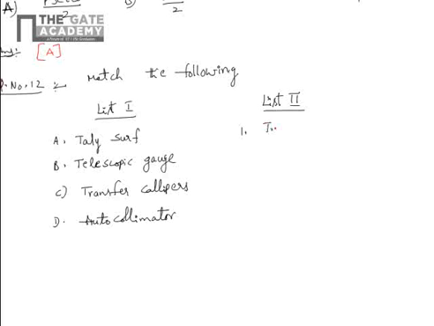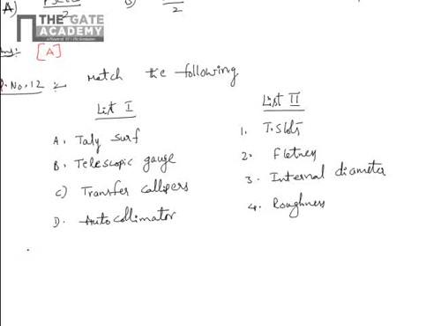List 2: 1, T slot, 2, flatness, 3, internal diameter, 4, roughness. Options are A: A4, B3, C2, D1.